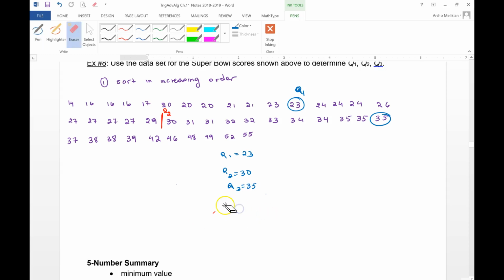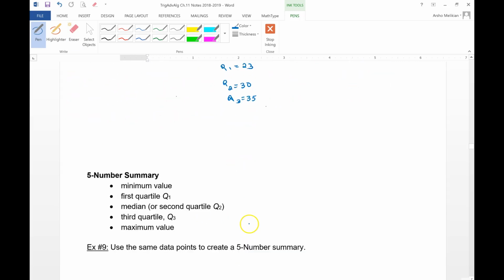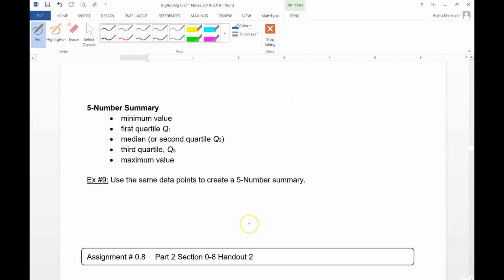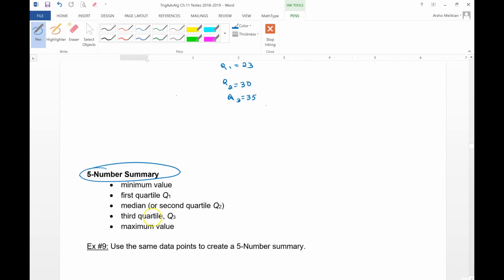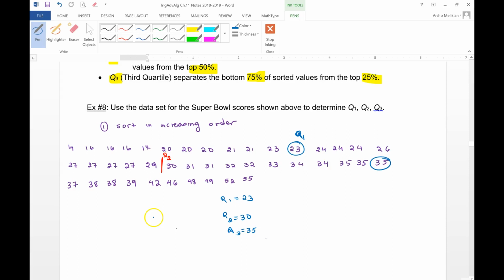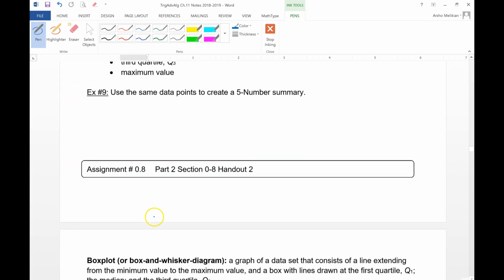All right? Now, a very, very important interpretation is what we call the 5-number summary. The 5-number summary always has the same 5 numbers: the minimum value, Q1, Q2, Q3, and the maximum value. All right? So for those same data points up there, what is the 5-number summary?